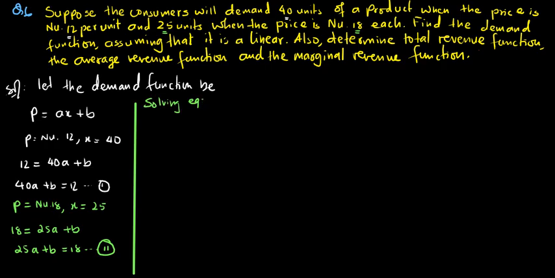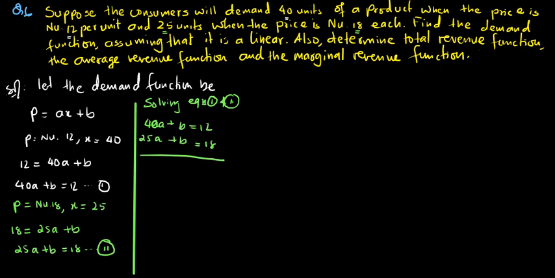So in equation 1 you have 40A plus B is equal to 12, and here you have 25A plus B is equal to 18.